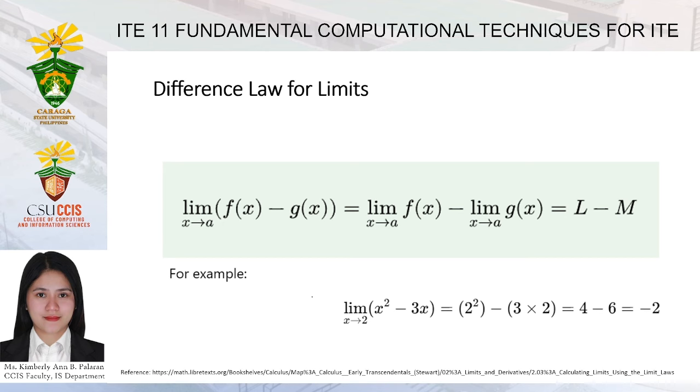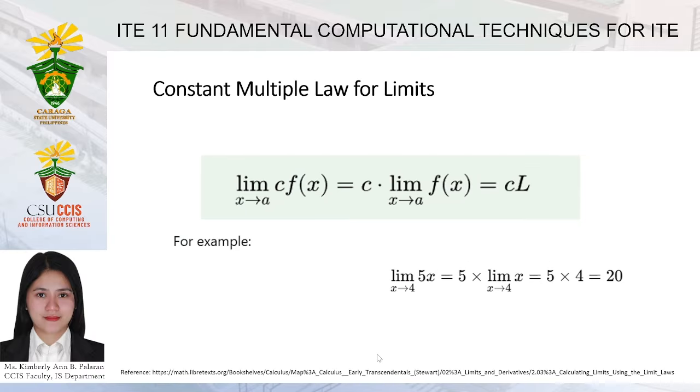Technically, nag-subtract rata diri. So in this case, we can directly substitute kay wala man siya denominator and dili man ma-define nato ang function, so pwede na ta mag-direct substitution. So substitute lang nato si 2 diri sa atong mga x and then 2 squared minus 3 times 2 is just 4 minus 6. Then we came up with negative 2.